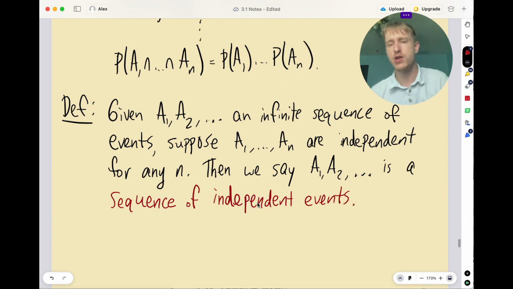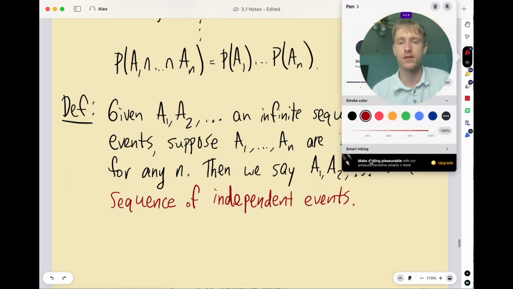Basically you can think of it as if the partial sequence A1 through AN is independent for any n, then this infinite sequence also has to be a sequence of independent events.